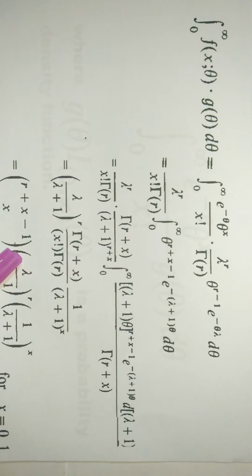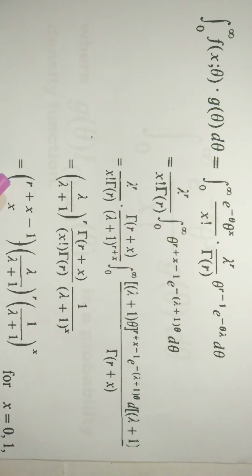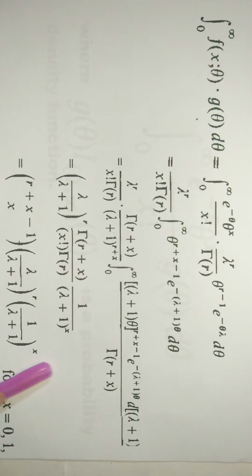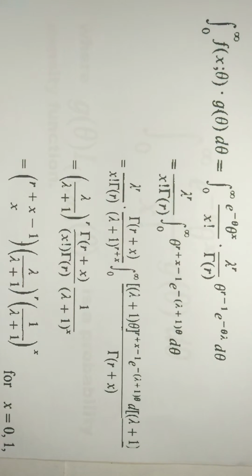Then we now come up to this one: the quantity r plus x minus 1 taken x times lambda over lambda plus 1 raised to r times the quantity 1 over lambda plus 1 raised to x for x equal to 0, 1, and so on.